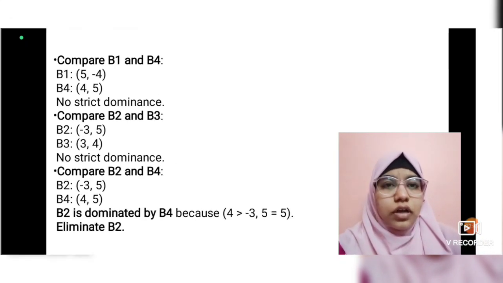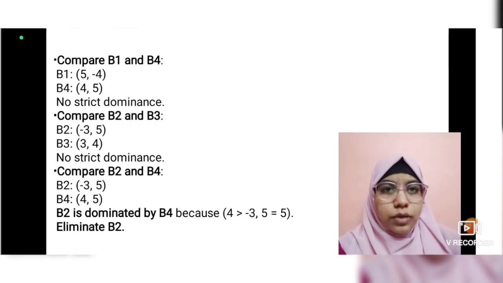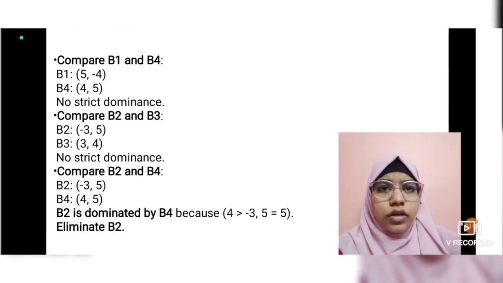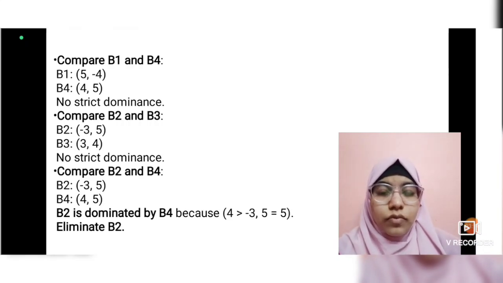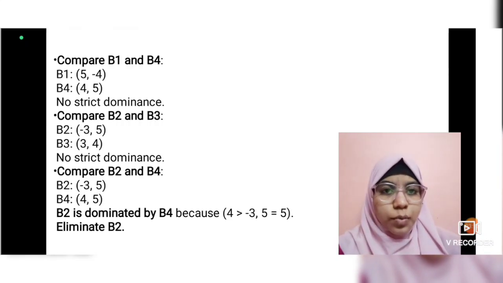Next, compare B1 and B4 columns. B1 we have 5, -4 and B4 4, 5. Here also no strict dominance. Comparing B2 and B3 columns, B2 we have -3, 5 and B3 3, 4. Here also no strict dominance.